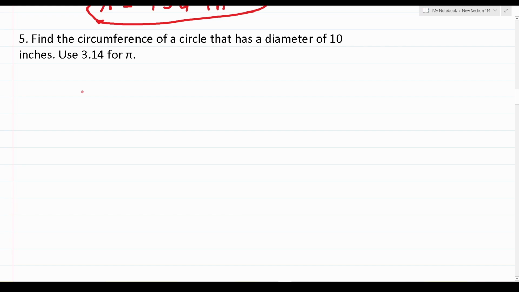As we can see, number 5 says, find the circumference of a circle that has a diameter of 10 inches. Use 3.14 for pi. So in this case, we're finding the circumference of a circle. Again, there are two formulas we can use to do that. We can either use circumference equals pi times diameter, or we can use circumference equals 2 pi r.